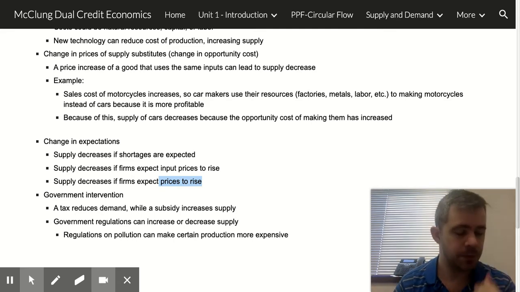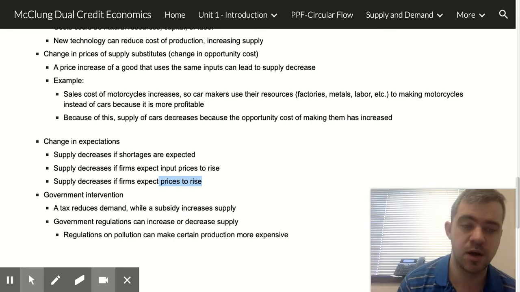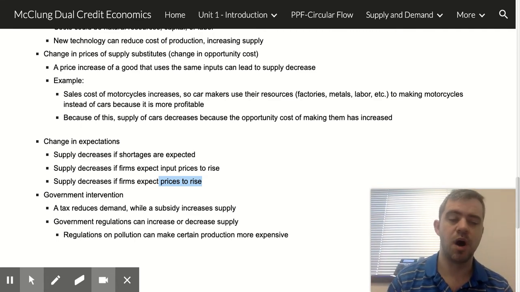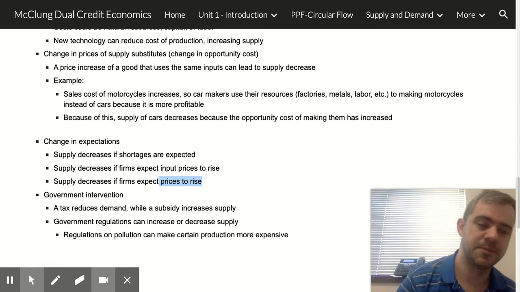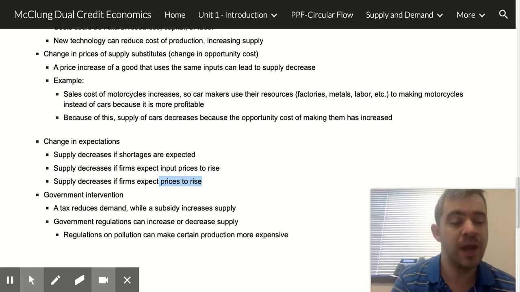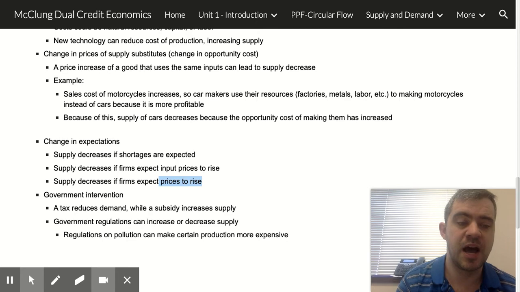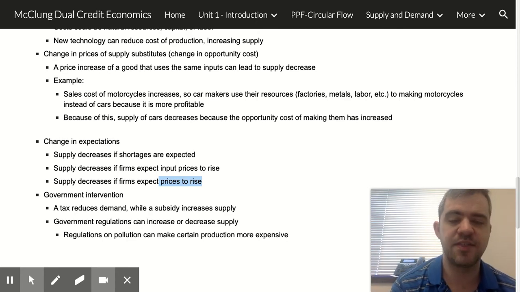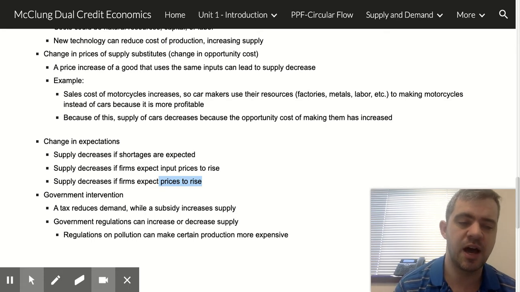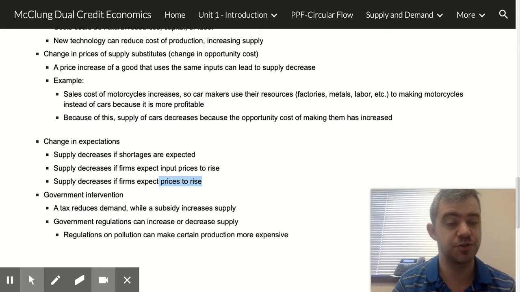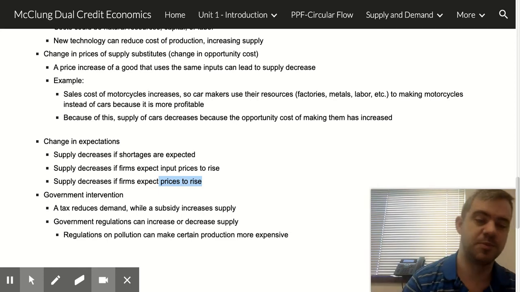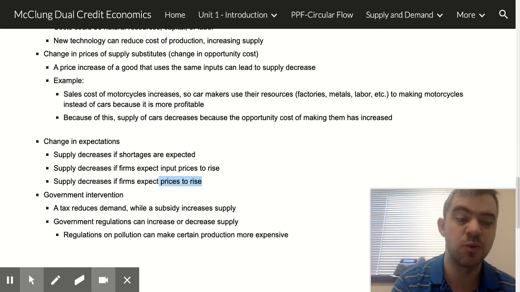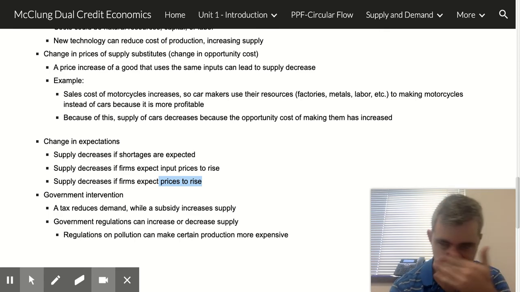Vice versa is also true. If we think the prices are about to go down, when is the best time to sell it? Now. So all of a sudden, supply increases. If I think the prices are going to increase, then I decrease supply in the short run. If I think that prices are going to go down, I increase supply in the short run to get rid of it before the price goes down.